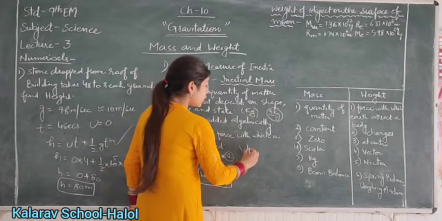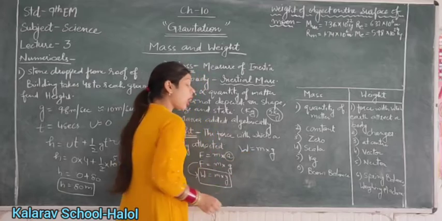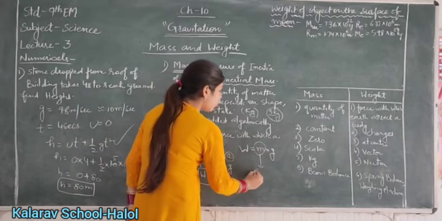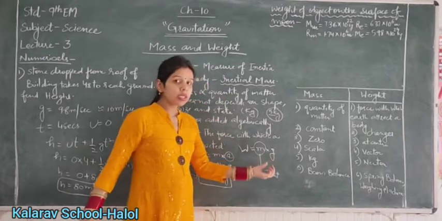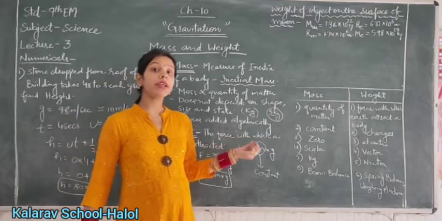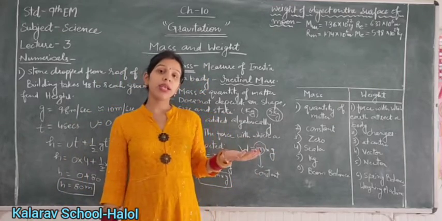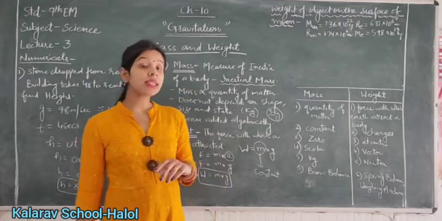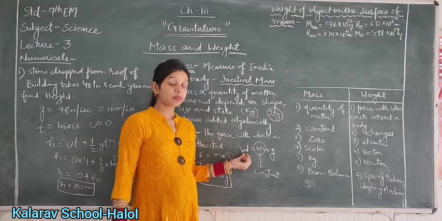Here mass cannot be changed, but weight can be changed. How is it possible? Mass is a constant quantity, but g is not constant. We already did that in the previous lecture. g can change from planet to planet, and from equator to poles. That means your weight can also change.